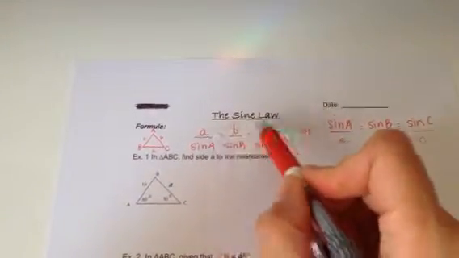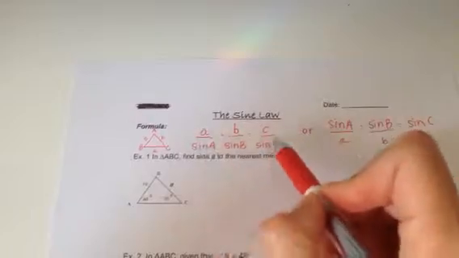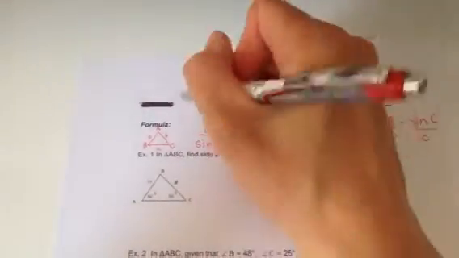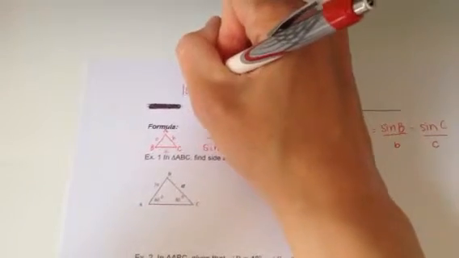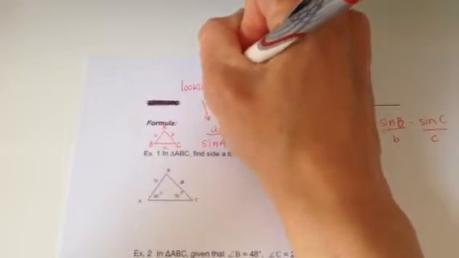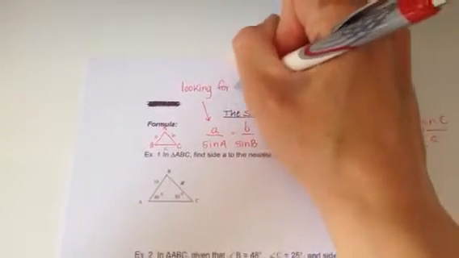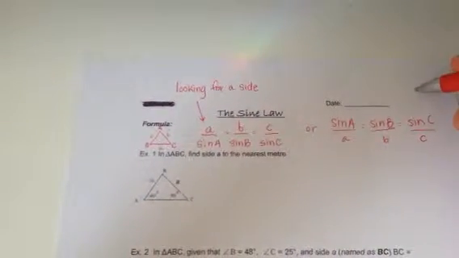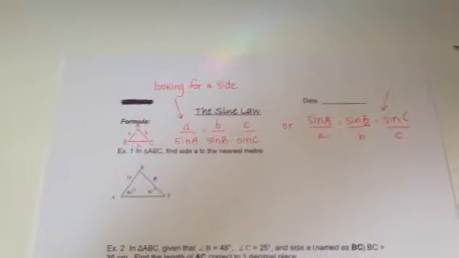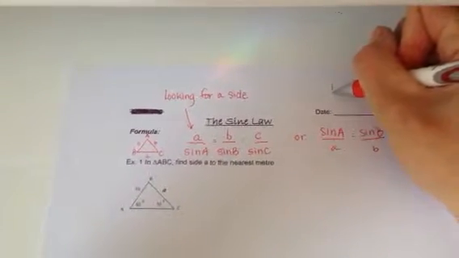Basically, you would use this form of the formula if you're looking for a side, and you'd use this form of the formula if you were looking for an angle.